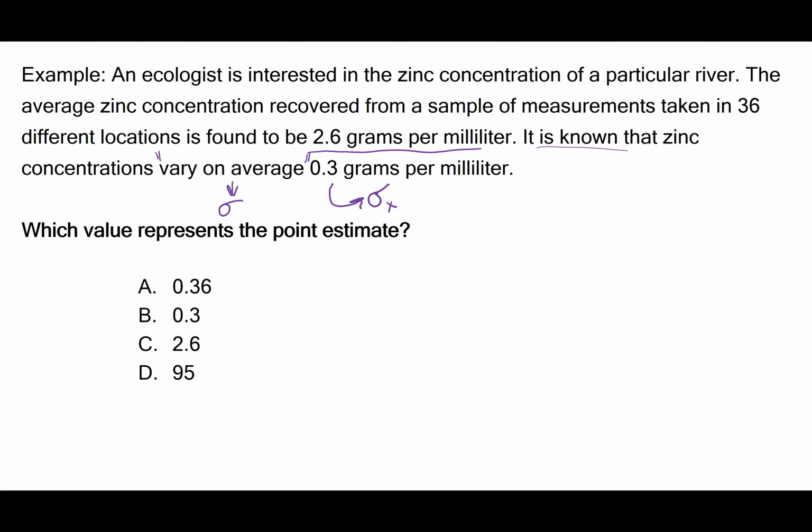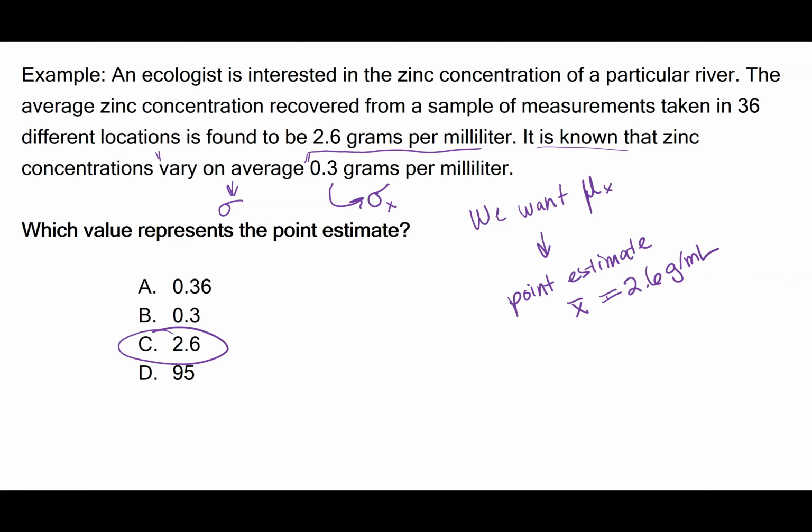So the point estimate, if we want mu, we don't know it, but we want mu. Our point estimate is going to be the sample mean, x bar. So looking here, that's going to be that 2.6 grams per milliliter.